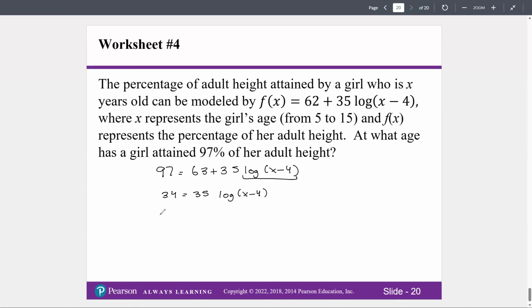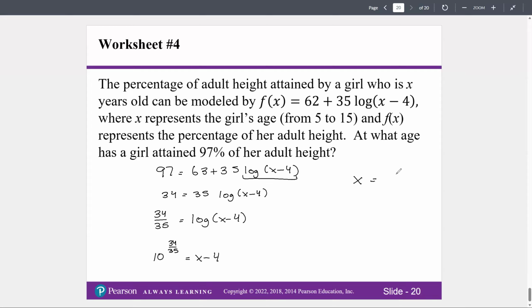And then if we divide by the 35, we get 34 divided by 35, which we'll leave like that, equals log of (x minus 4). So this is a base 10, so we know 10 to the power of 34 over 35 should equal x minus 4.